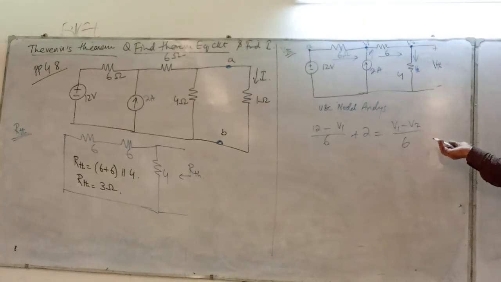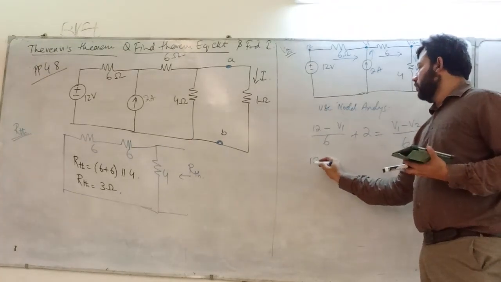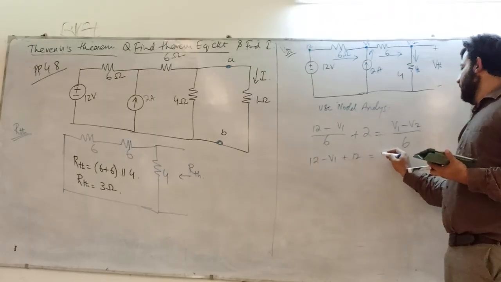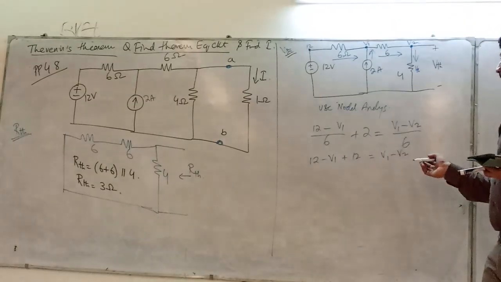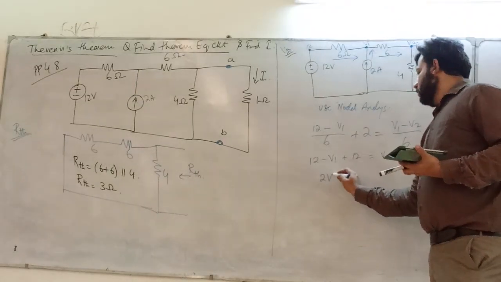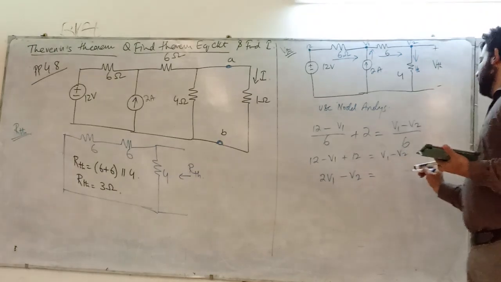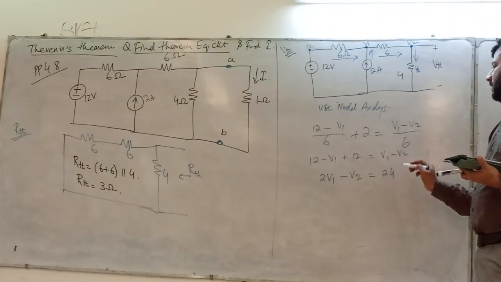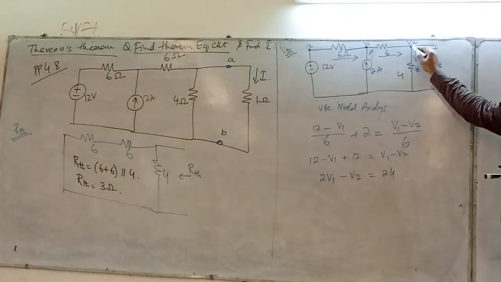Okay, we can multiply by 6. So 12 minus V1 plus 12 is equal to V1 minus V2. We can form a very simple equation: V1 minus V2 is equal to 20. ठीक है?